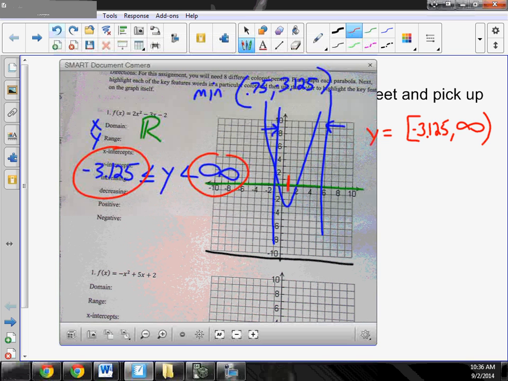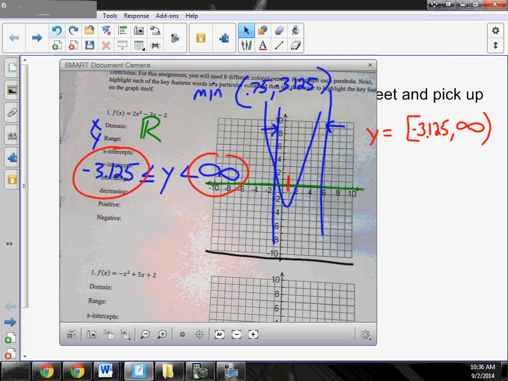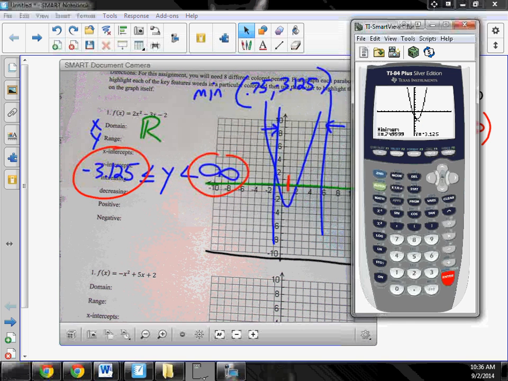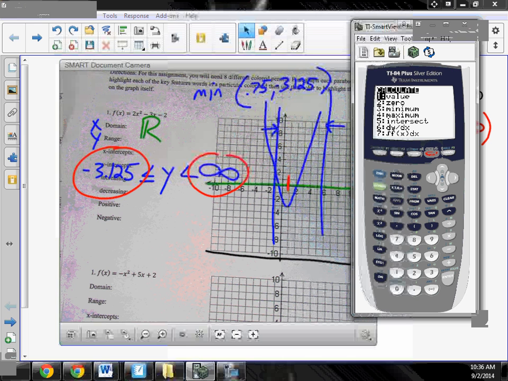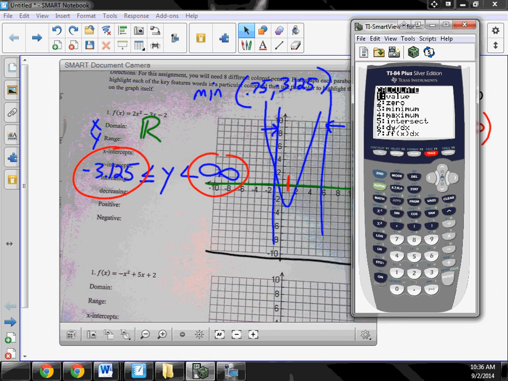Okay. So now the next one is x-intercepts. Looking at this graph on my calculator, it looks like the x-intercept is at maybe -1/2 and 2. But there's a way to test it. If you do second calc, number 2 is zero.